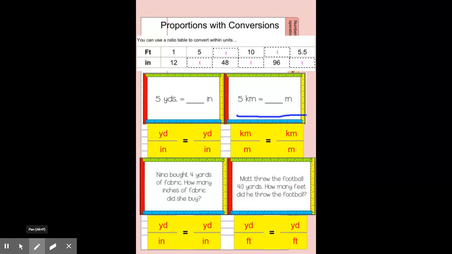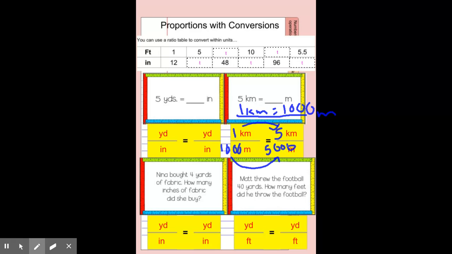So I'm going to write 1 kilometer equals 1,000 meters. We want to know 5 kilometers. So to get from 1 to 5, we multiply by 5. And 1,000 times 5 would be 5,000.